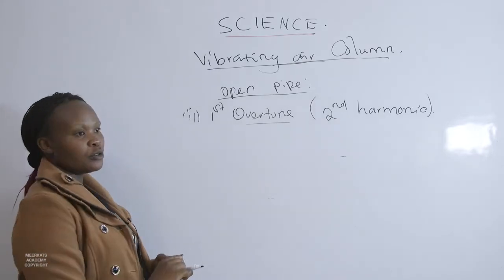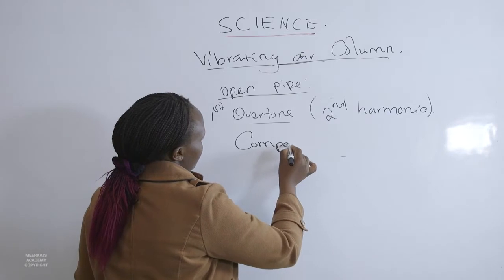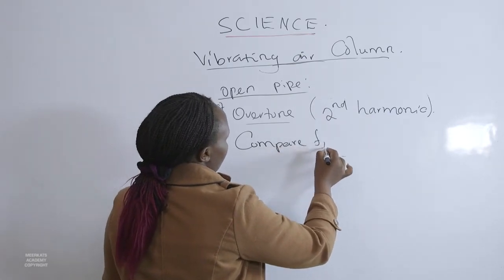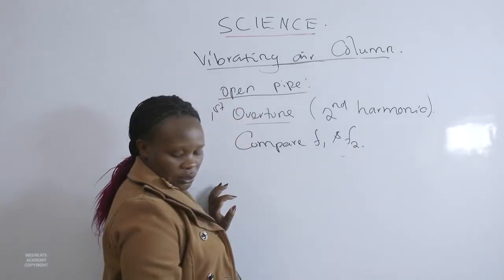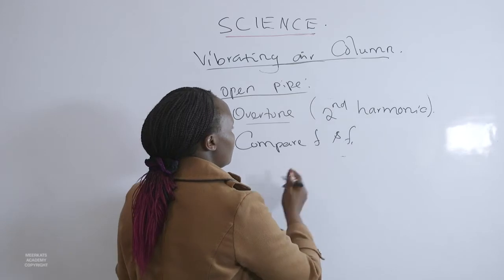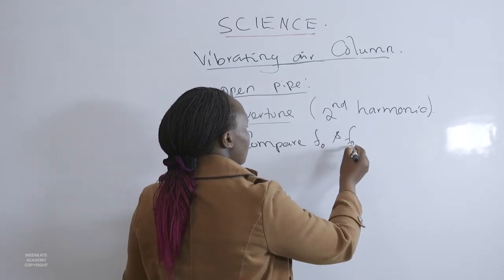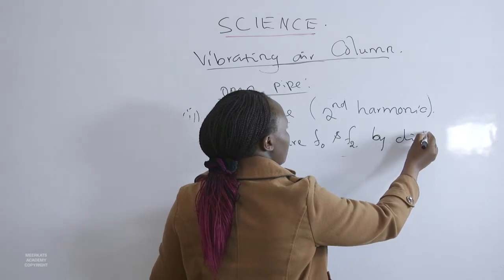Now, we want to compare F0 and F2 by division.